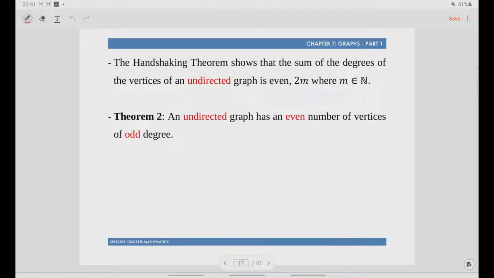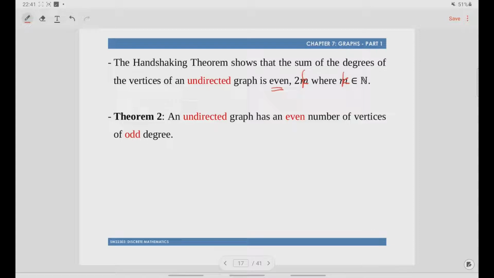The handshaking theorem shows that the sum of the degrees of the vertices of an undirected graph is an even number. It's an even number because it is equal to 2k, where k can be any natural number. Now we consider theorem number 2.